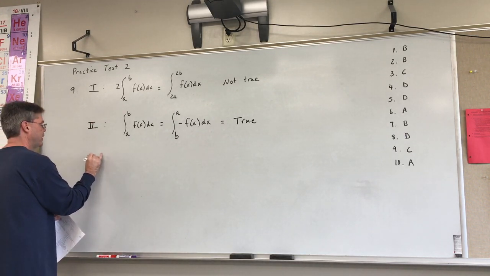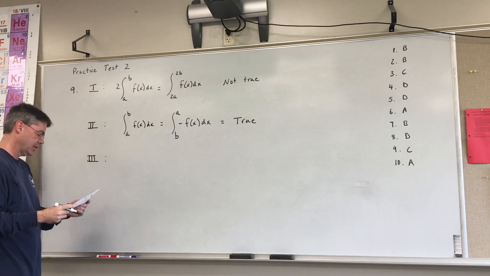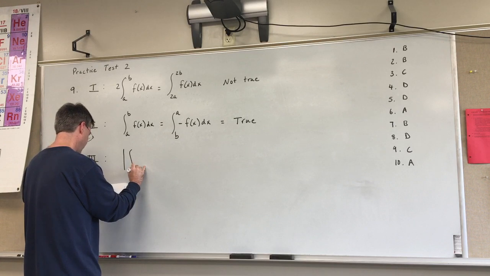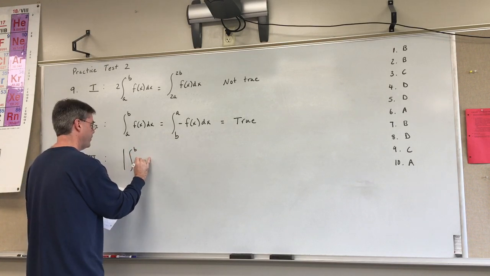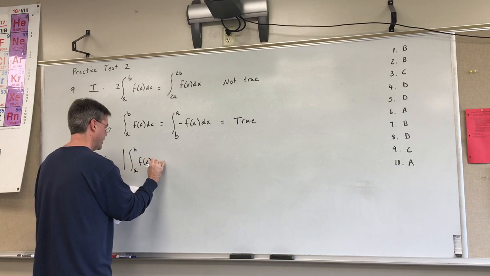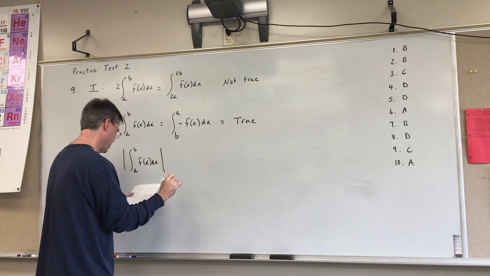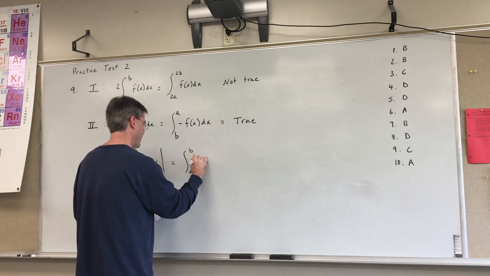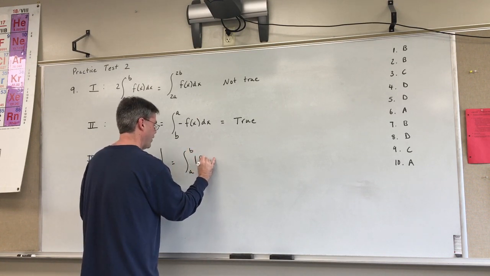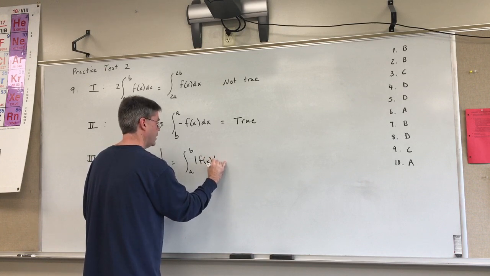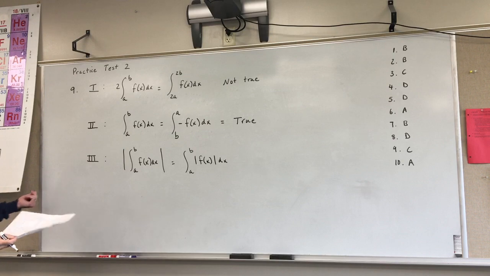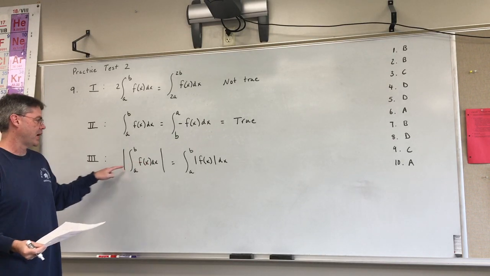That's very useful for the fundamental theorem of calculus part 2 problems. And then part 3, the absolute value of the integral from a to b of f of x dx. Is that the same as the integral from a to b of the absolute value of f of x dx? This one is always going to make it positive, the whole thing.